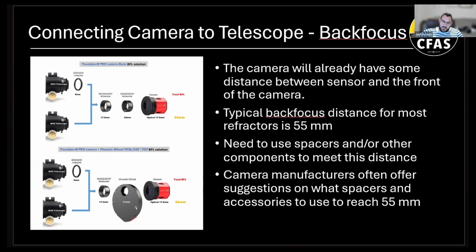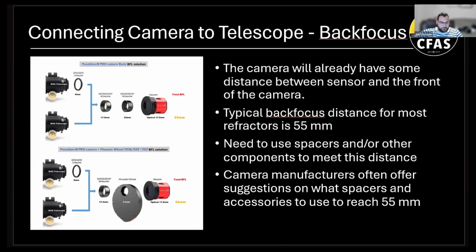So they take that into account by making their filter wheel slightly thicker, so the 21 versus the 20. But if you go, for example, on the ZWO website, they'll have the same type of diagrams. They'll even tell you the thread size, which is M48 or M42, and all that. So make sure to check the website for your camera if you have any questions on how to reach the right back focus.